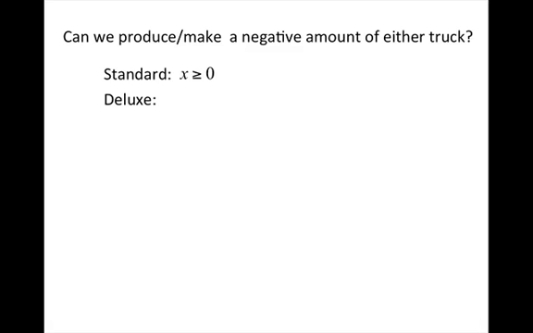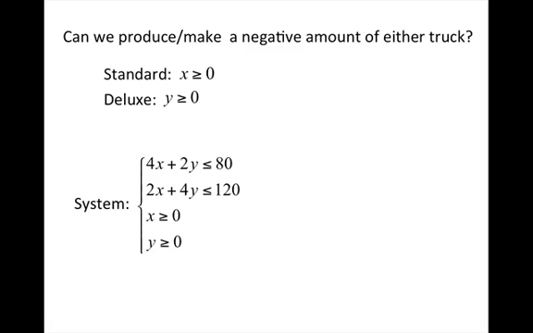And for the deluxe model, Y has to be greater than or equal to 0. So now I have the 4 inequalities that make up my system. I have 4x plus 2y is less than or equal to 80, 2x plus 4y is less than or equal to 120, and x and y are both greater than or equal to 0.